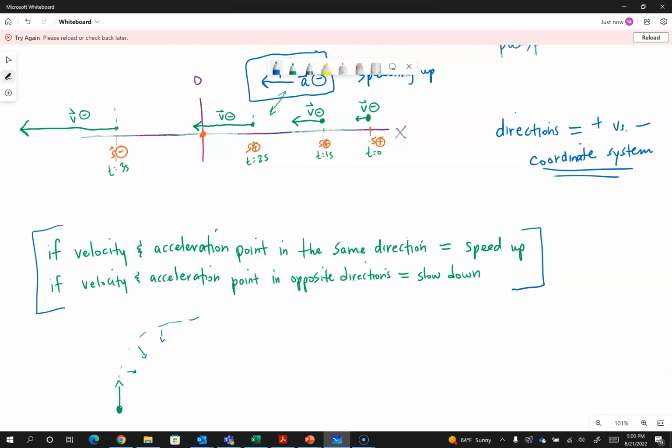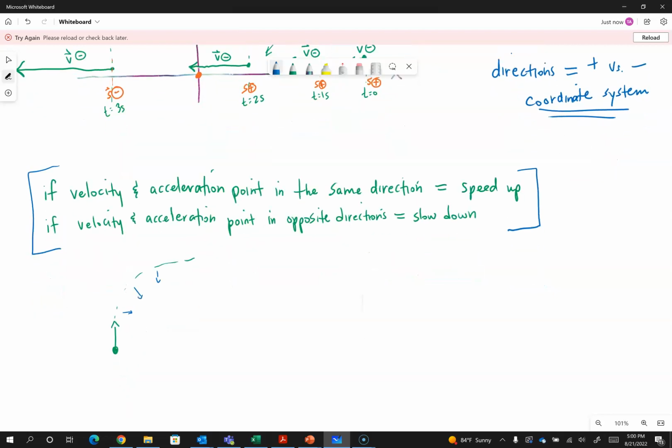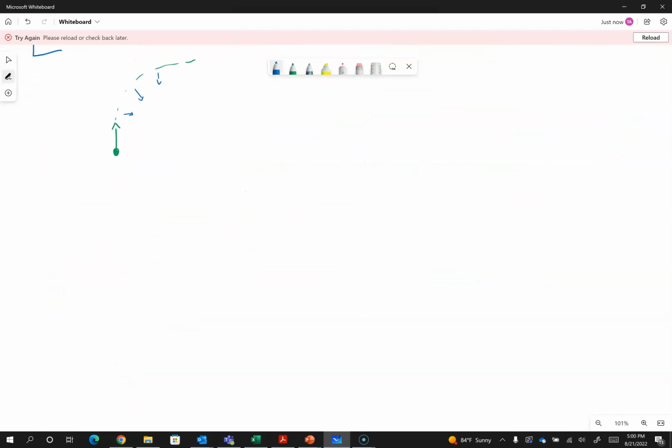Now the finalization of this introduction to concepts of motion is what is called a motion diagram, which you've actually just seen.